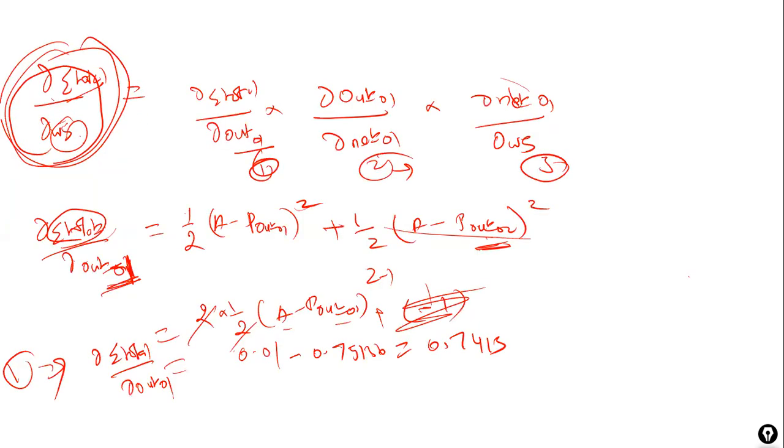Before we take the partial derivative, what is out O1? It is nothing but the activation function: 1 divided by 1 plus e to the power of minus net O1.